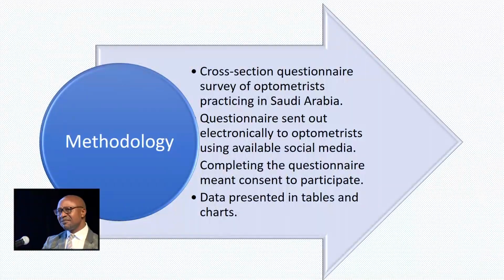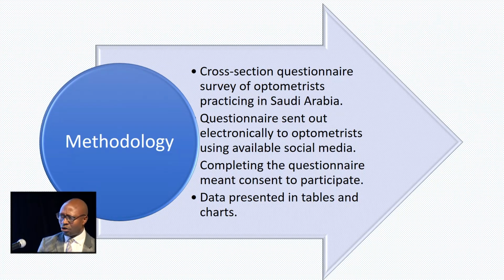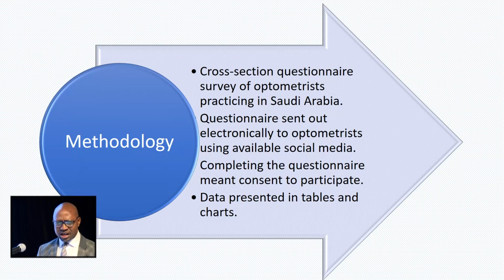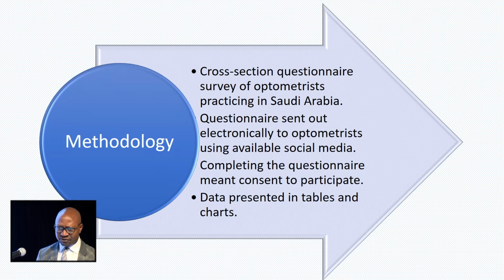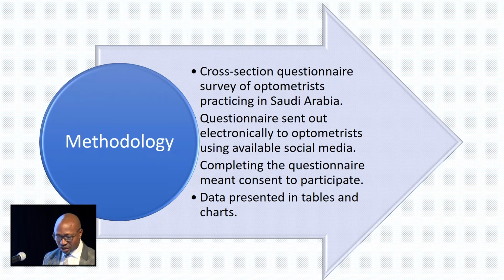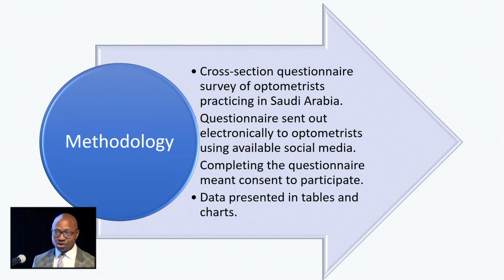Now the methodology: it was more like a case of fishing for error. So it was a small-scale study, and we did a very basic cross-sectional survey where we sent out a questionnaire. The questionnaire was sent out electronically. We made a Google form and sent it to practicing optometrists on the mailing list of the Saudi Optometric Association.